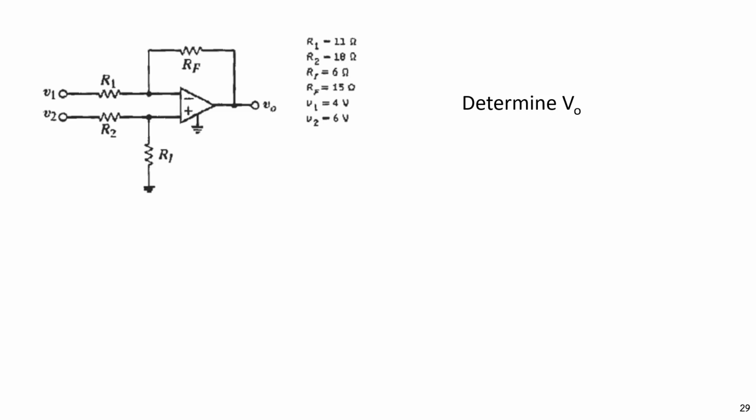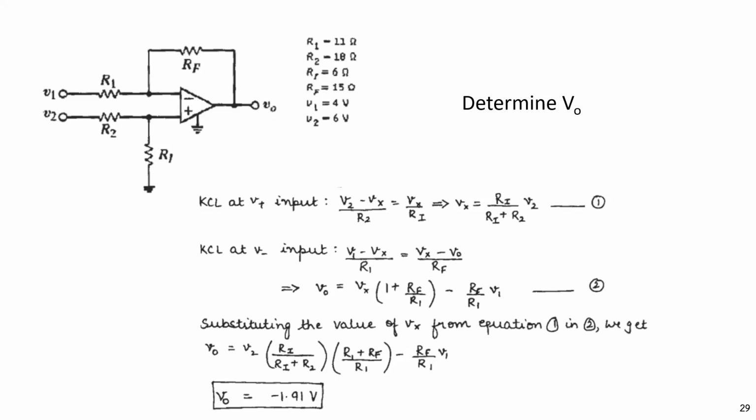Okay, determine Vout with this circuit. With this circuit, we can use the property of the op-amp. We don't know the voltage here. This is V1. V1 is 4 volt, and V2 is 6 volt.